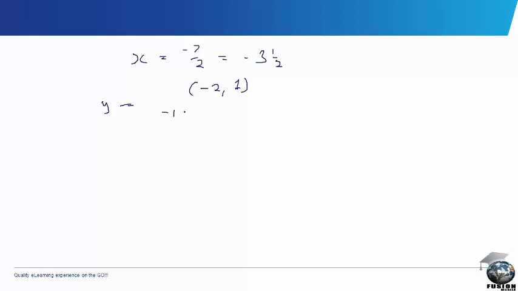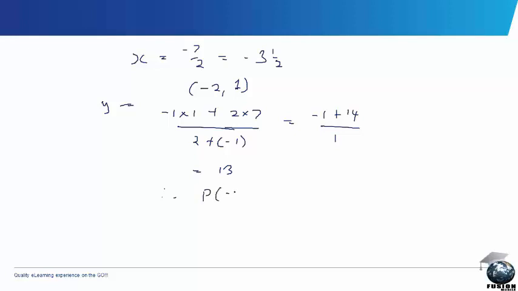And so we'll have minus 1 times 1 plus 2 times 7, all over 2 plus minus 1, which is equal to minus 1 plus 14 all over 1, which is equal to 13. And so therefore the point for the external division will be (minus 7 over 2, 13), that is, minus 3 and 1 over 2, and 13.